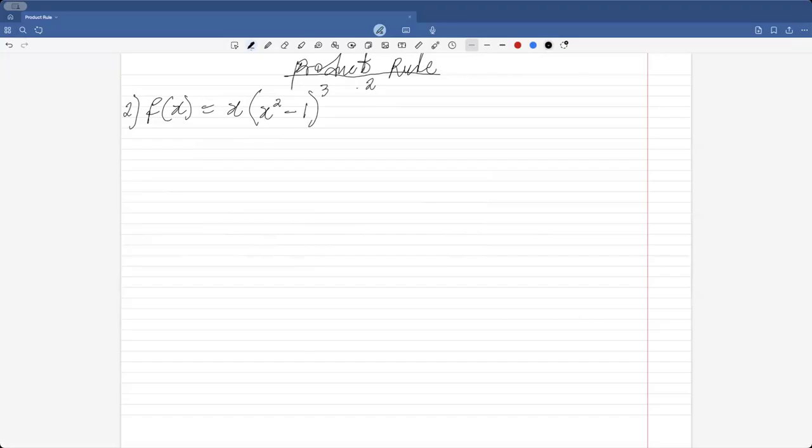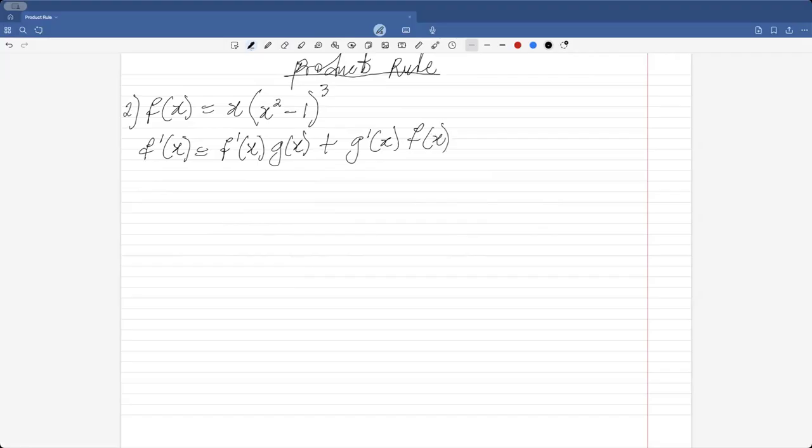So how can we solve this problem using product rule? So let's not forget our formula. The formula is nothing but f prime x equals f prime x g(x) plus g prime x f(x).